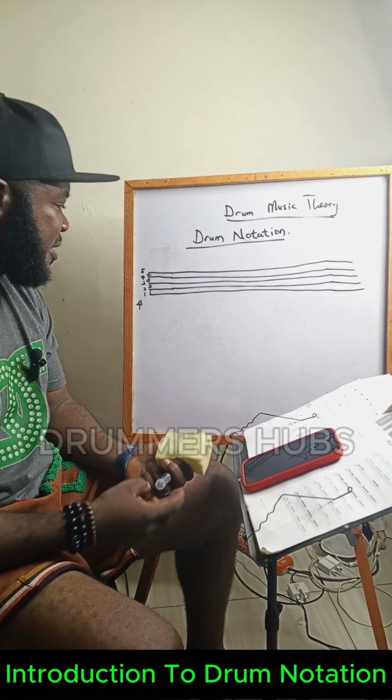Please take note of what I said: 5 lines, 4 spaces, and you start counting from the bottom. Those 3 things are very, very important. I'm just extending this so it's enough for all the explanation we're going to be doing.